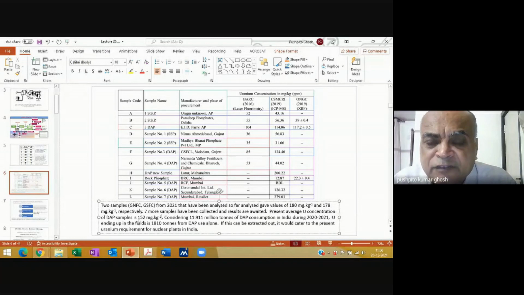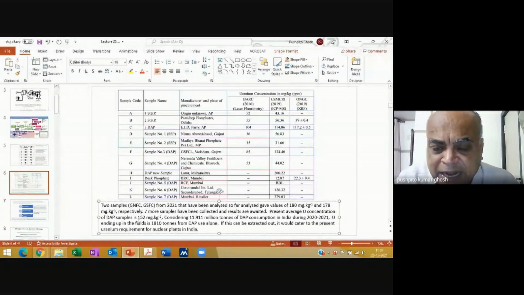Is it a high figure, a low figure? Well, the drinking water standard says that uranium content should not exceed 3 ppb, 3 parts per billion. And surely some of this uranium will go into our groundwater, it's surely going to contaminate. Everybody has been playing games.